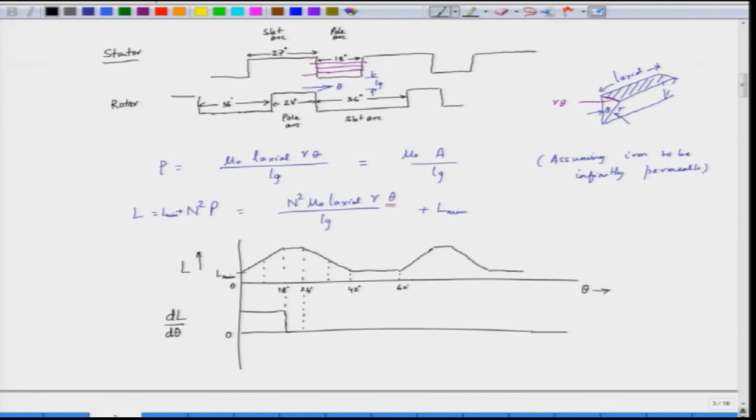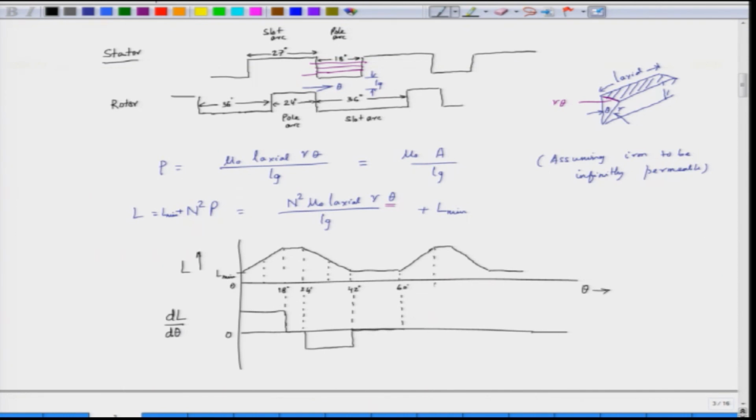So, dL by d theta is 0, and for 24 to 42 the inductance is decreasing, so dL by d theta is negative. This is the variation of dL by d theta, and from 42 to 60 degrees the inductance is constant, which means dL by d theta is 0.